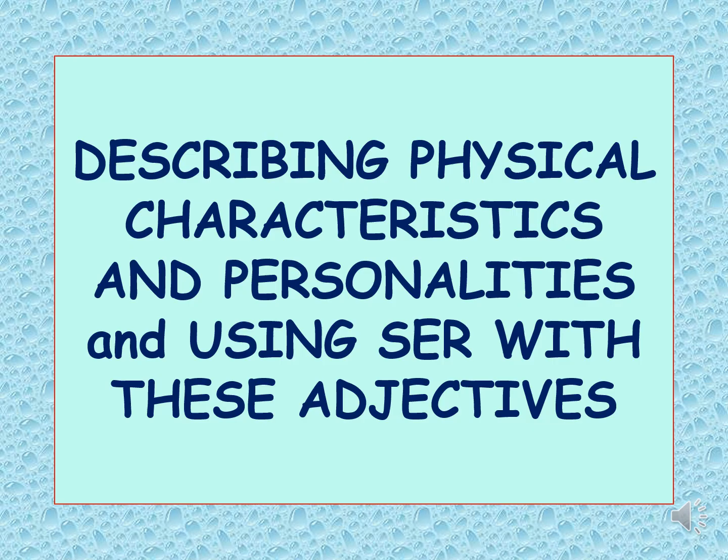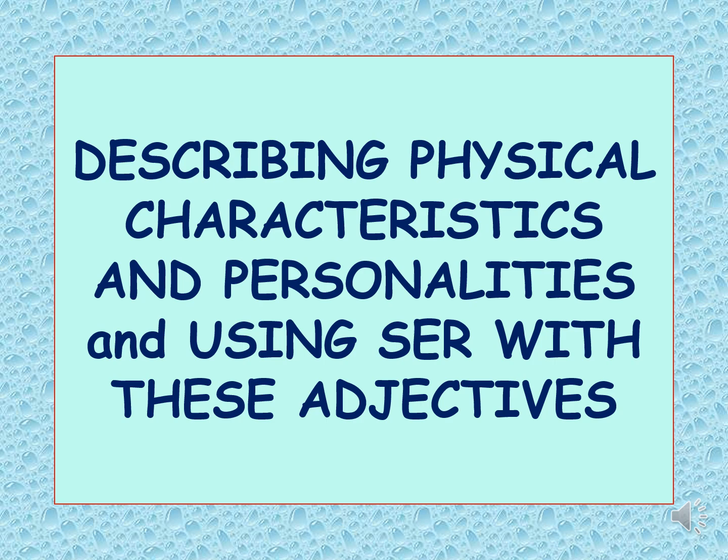We're moving on now from feelings and using the verb estar to physical characteristics and personalities. Still using adjectives, but moving over to the verb ser. Also still using the same subject pronouns.